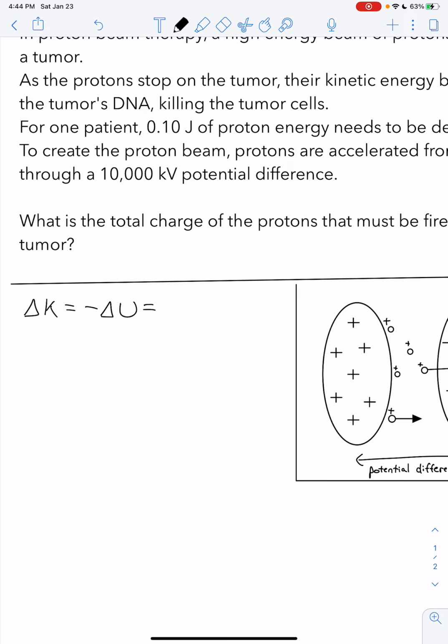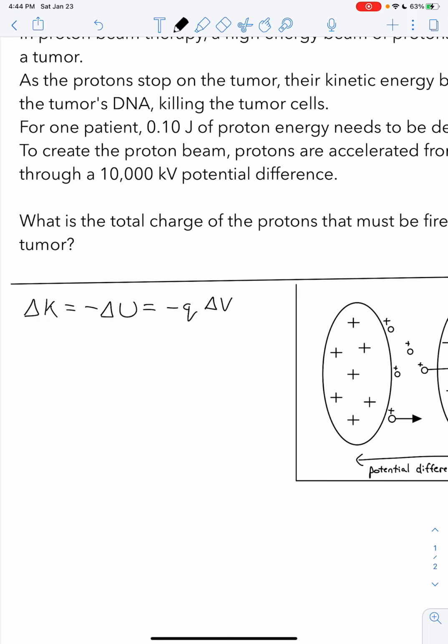Remembering that our conservation of energy states that all our change in kinetic plus all our change in potential has to be zero. That's our conservation of energy. And that's going to be equal to negative Q times our potential difference.